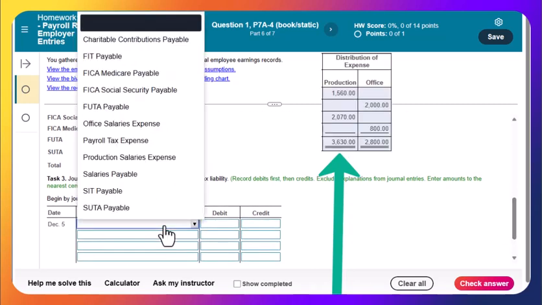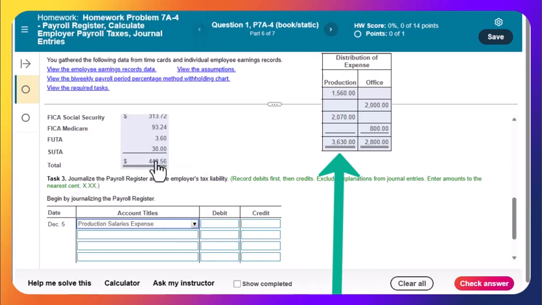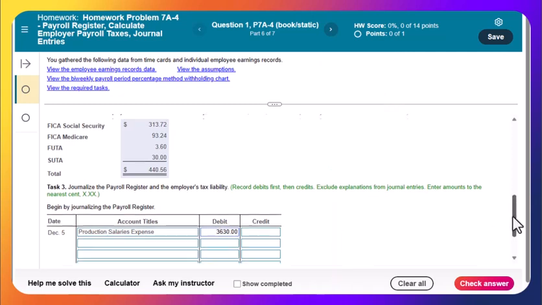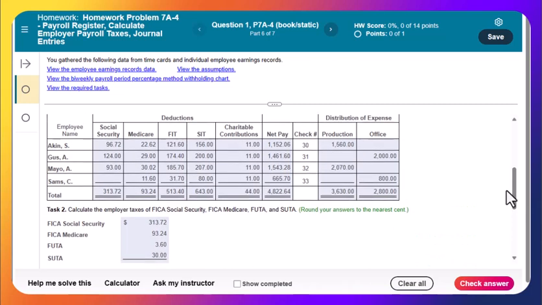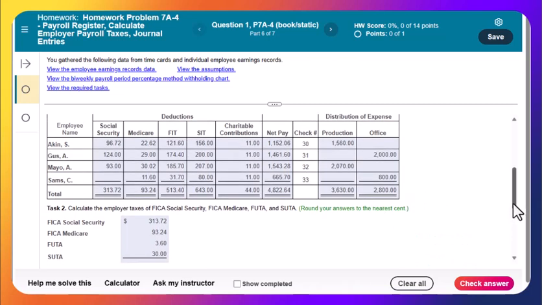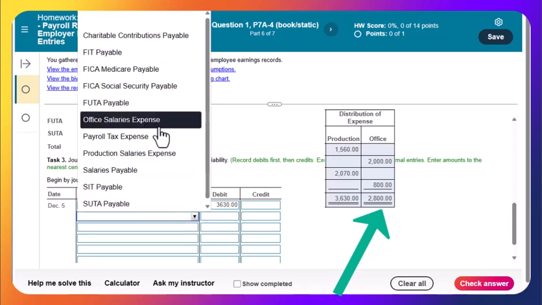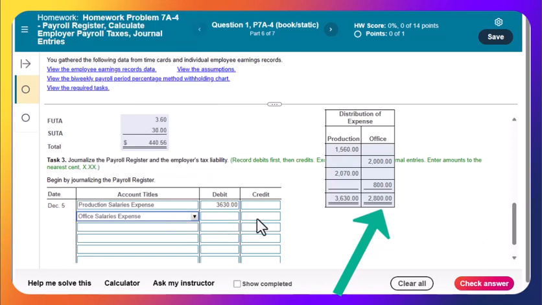So our first account will be that production salaries expense, $3,630. And then next we have our office salaries. So that's $2,800 even. Office salaries expense for $2,800 even.